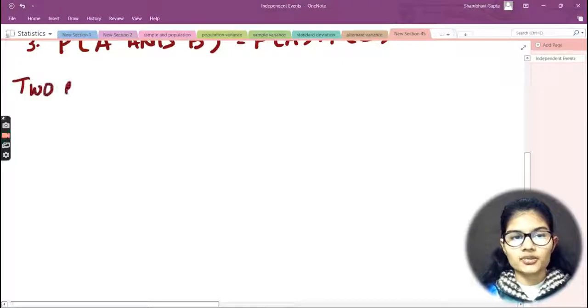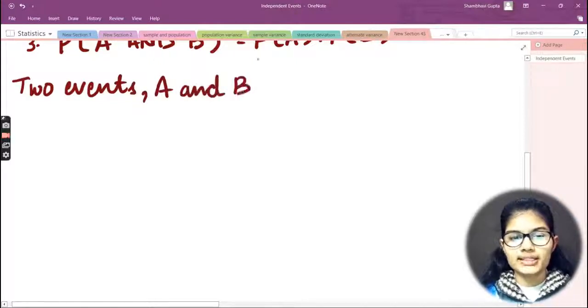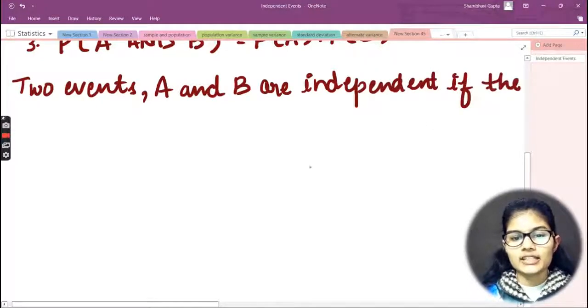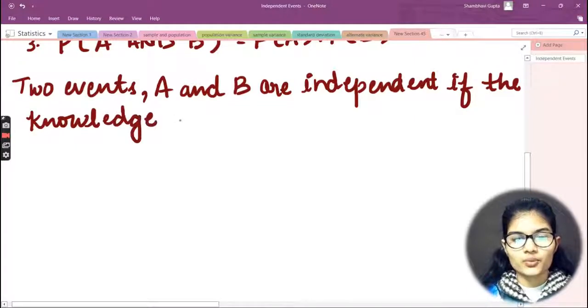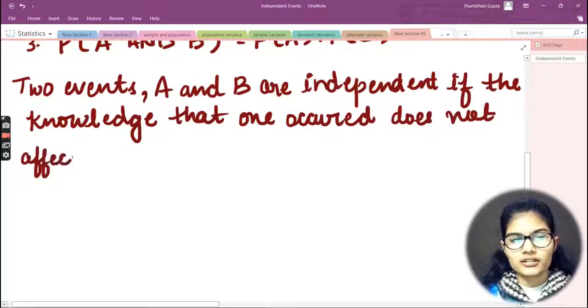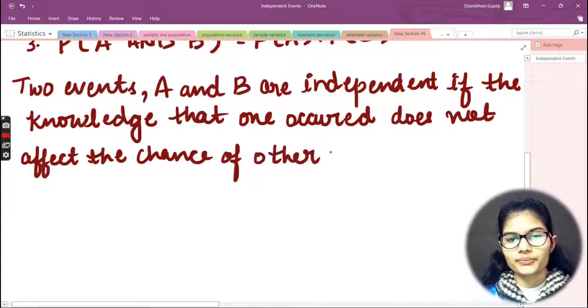Here I would start writing the things. So the two events A and B are independent if the knowledge that one occurred does not affect the chance of the other occurring.